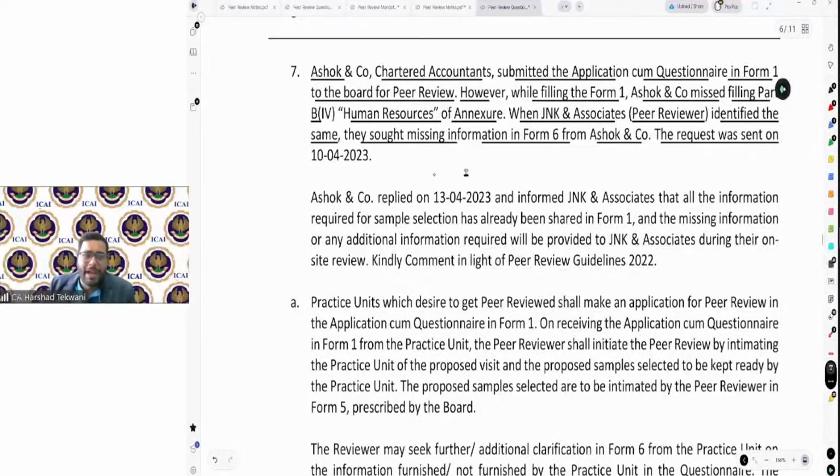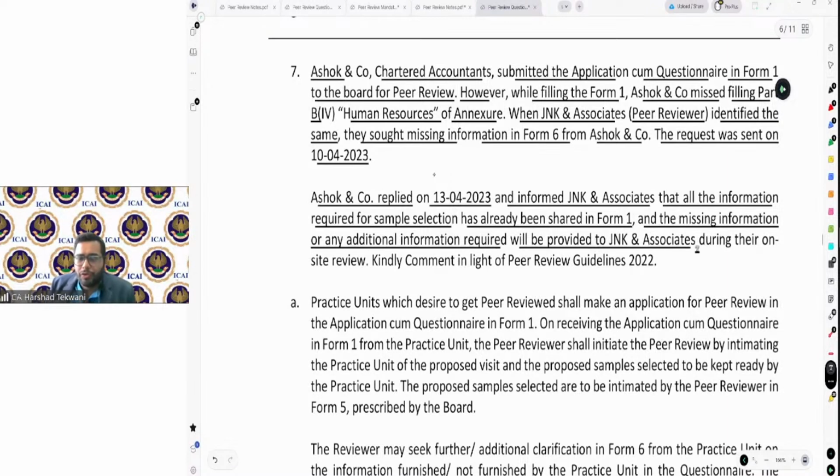The request was sent on 10/4/2023. Ashok and Company replied on 13/4/2023 and informed J&K Associates that all the information required for sample selection has already been shared in Form 1, and the missing information or any additional information required will be provided to J&K Associates during their on-site review. Kindly comment in the light of peer review guidelines 2022.